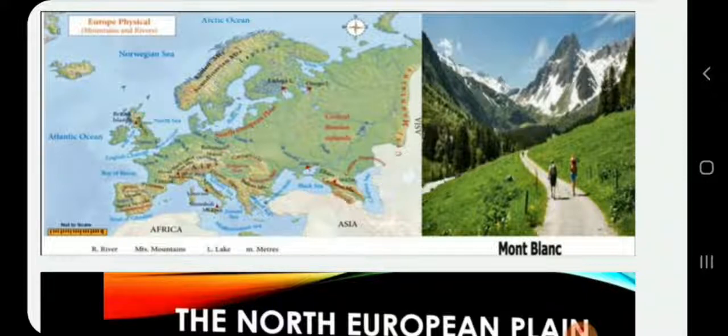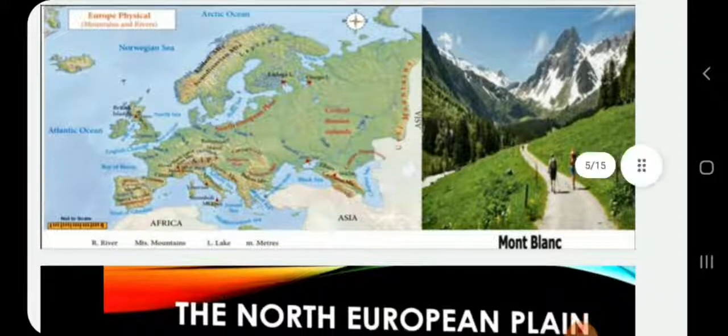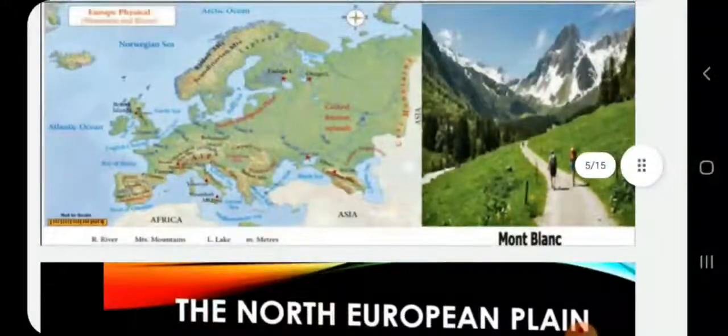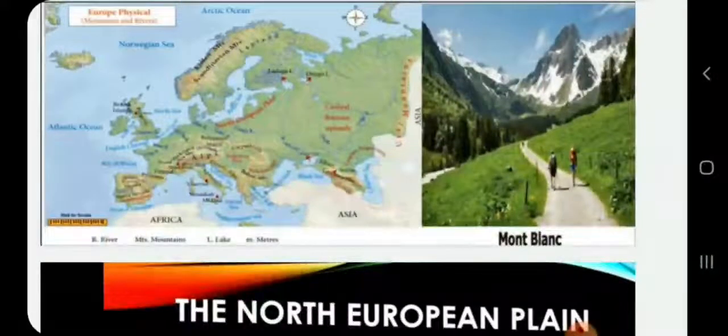Okay. Mount Etna, these are very important mountains, and the Ural Mountains, a very famous mountain. These are the very important mountains situated in this continent.